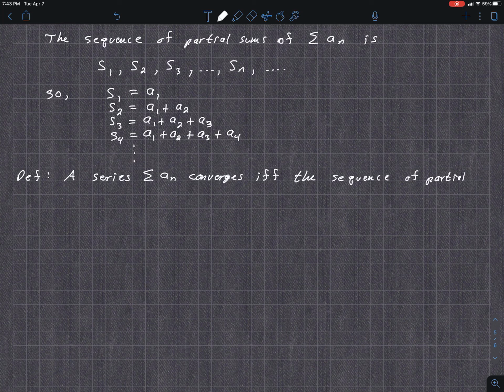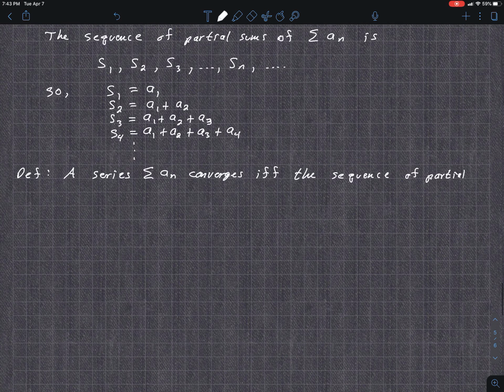If and only if the sequence of partial sums, so it would look like this, S sub n, converges.